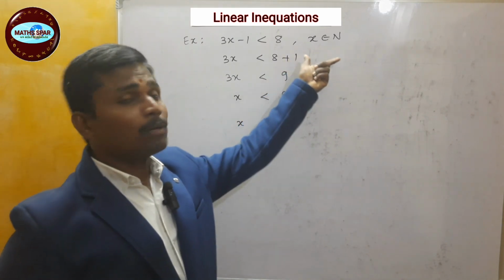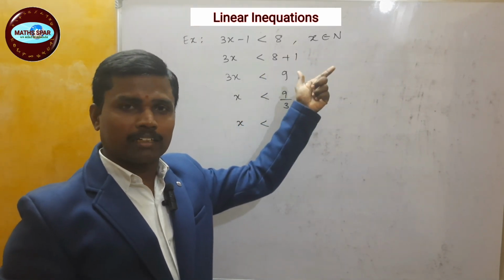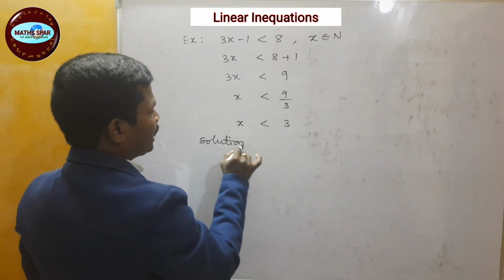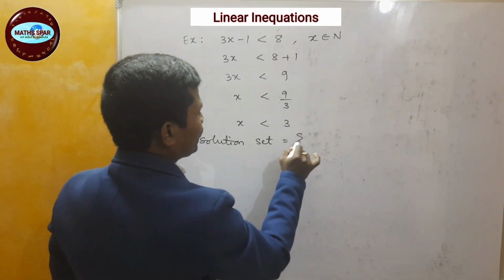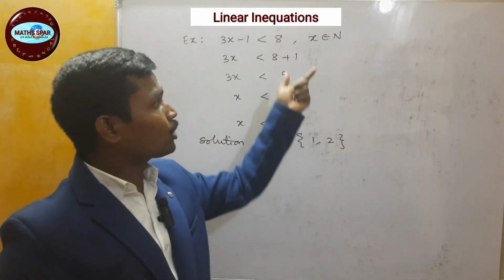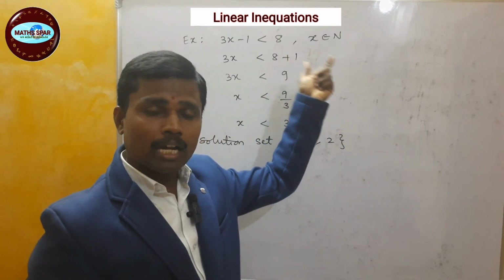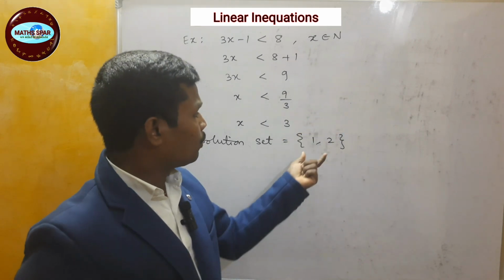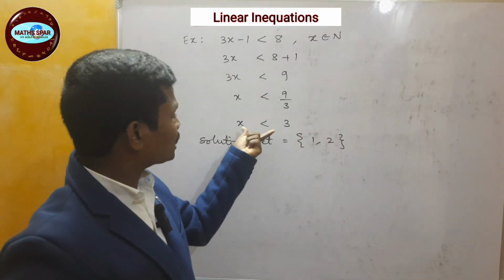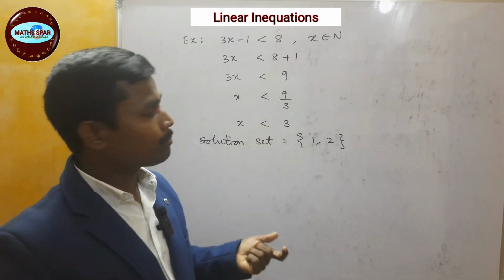Then x belongs to N is the replacement set, but what will be the solution set? The solution set will be only 1 and 2 because natural numbers begin with 1 and end at infinity. So 1 and 2 are the only values which satisfy x less than 3.